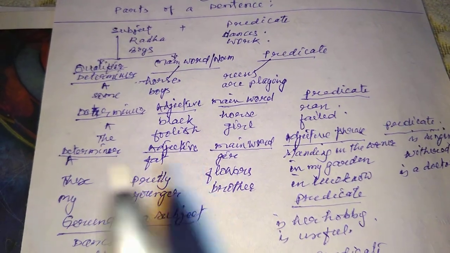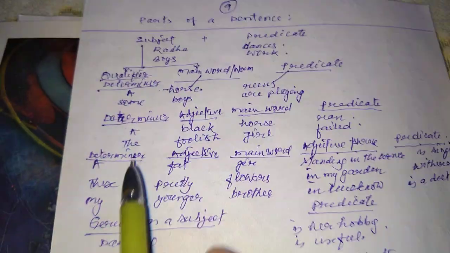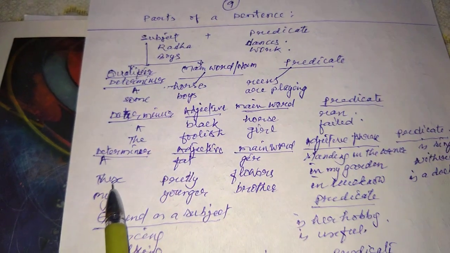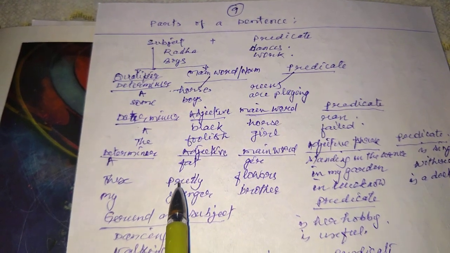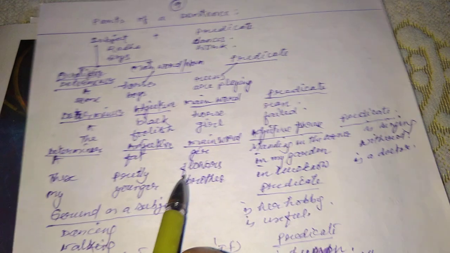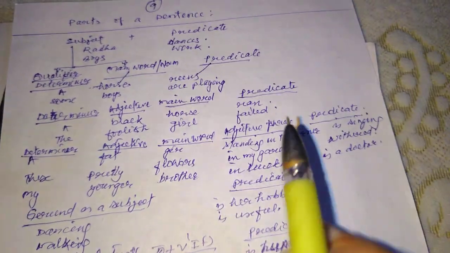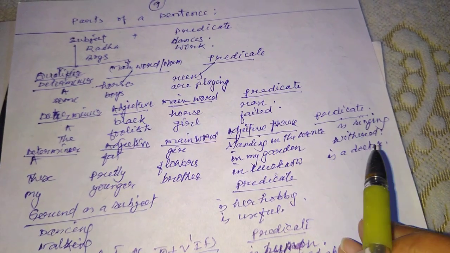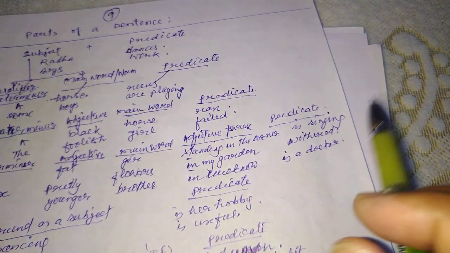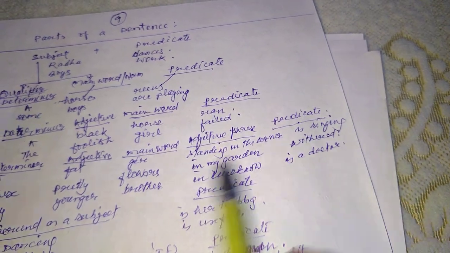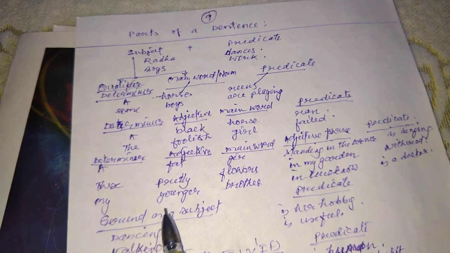These is the determiner, pretty is the adjective, main word is flowers, and adjective phrase is in my garden, मेरे garden में. Withered, बिखर गए, this is the predicate.